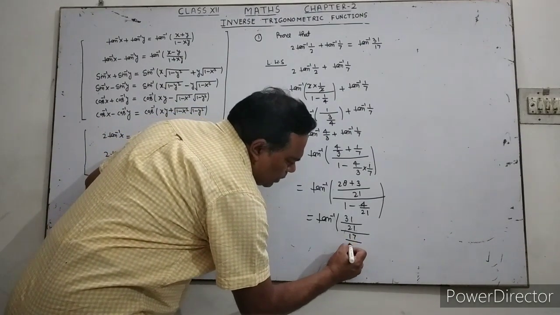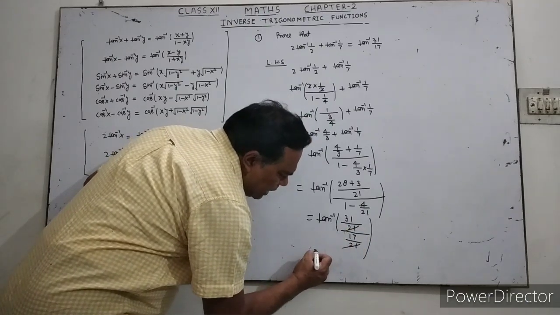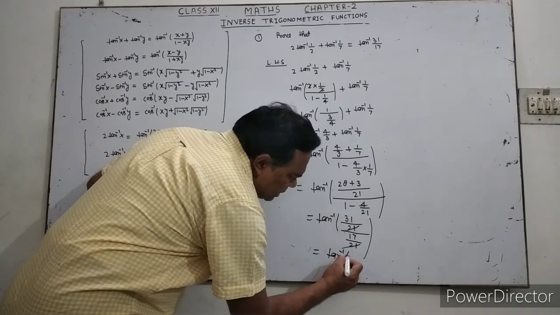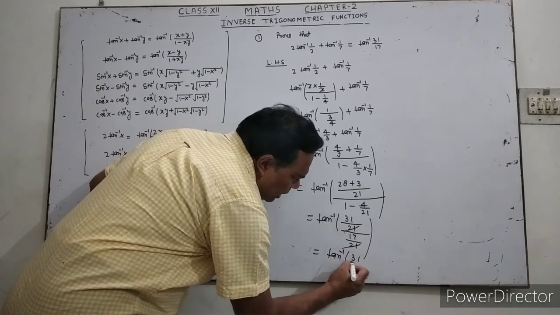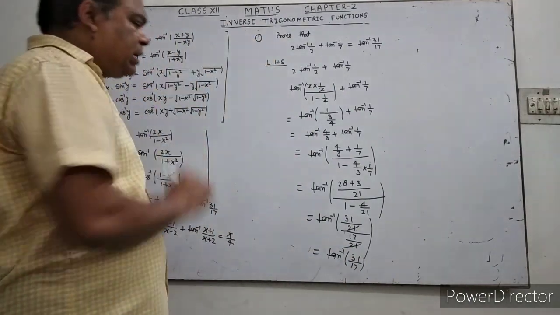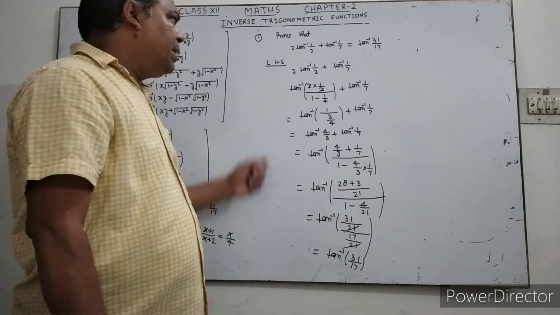So 17 upon 21. The 21 and 21 cancel. Then this is tan inverse of 31 upon 17. This is the proof of the right hand side. What is the right hand side? Tan inverse 31 upon 17.